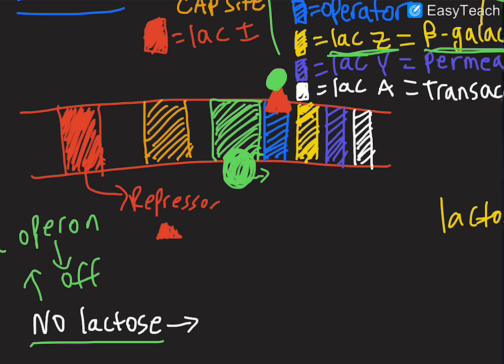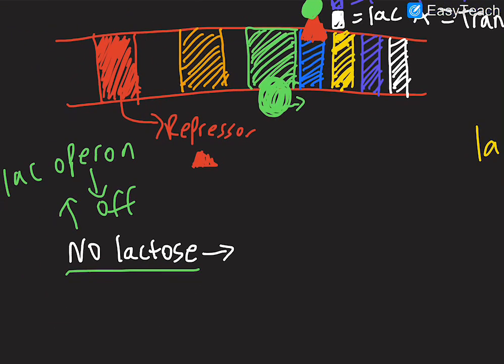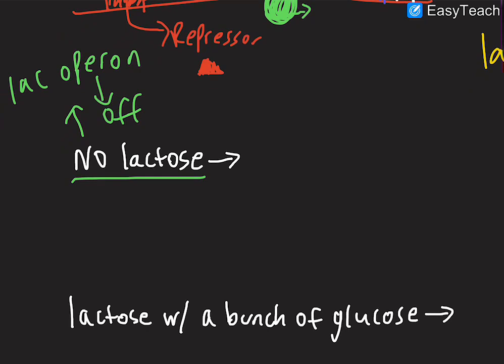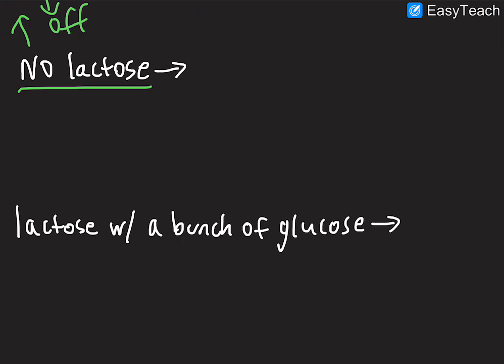Therefore, you're not going to make these genes. You're not going to make the necessary enzymes to break down lactose. Which again makes sense, because why would you want enzymes to break down lactose if you have no lactose? So no lactose means you're not going to have expression of the Lac Operon, so it's going to remain off. Okay, let's look at our next scenario.